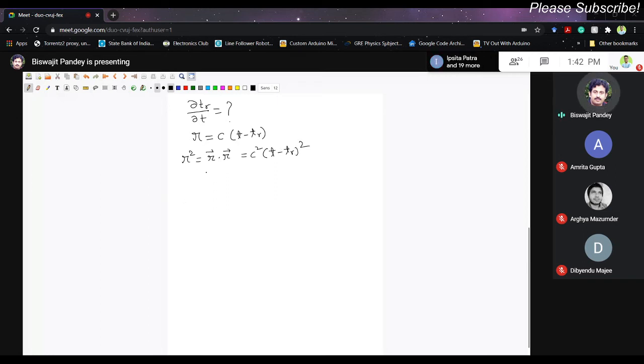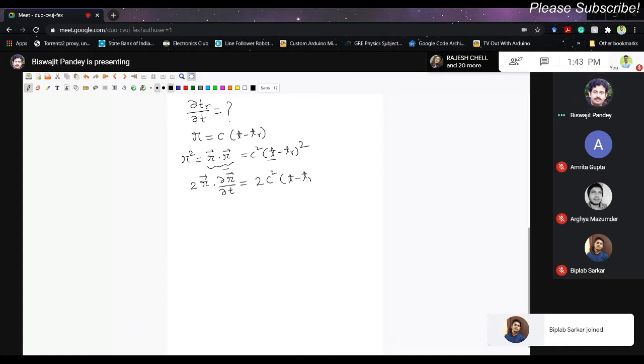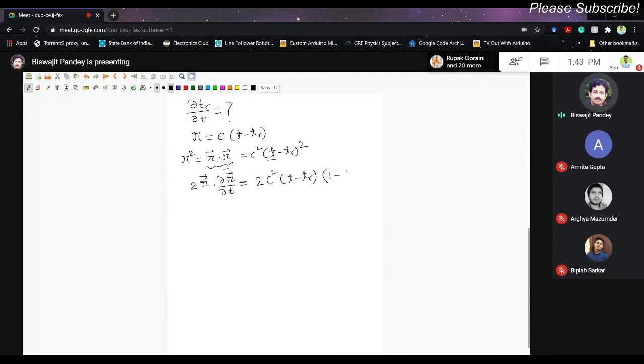Let us take a derivative on both sides. If we take a derivative of this, we get 𝓇 dot ∂𝓇/∂t, and then another term, ∂𝓇/∂t dot 𝓇. So that will be twice 𝓇 dot ∂𝓇/∂t, since we are taking the derivative on both sides. This is equal to 2c²(t minus t_r) times the derivative of (t minus t_r), so (1 minus ∂t_r/∂t).